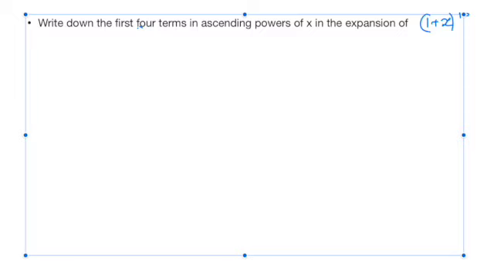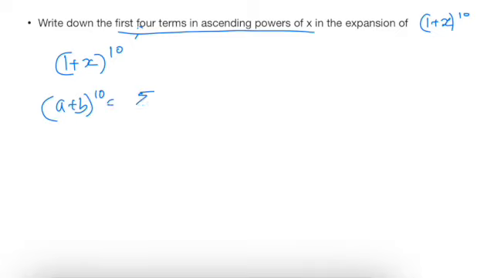So let's see a few problems to understand this better. Write down the first 4 terms in ascending powers of x of (1 plus x) to the power 10. We want to expand it. So how do we do that? We know that (a plus b) to the power n is equal to sigma r equal to 0 to n of nCr a to the power n minus r, b to the power r.